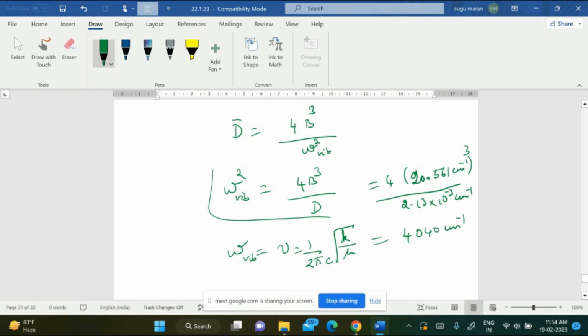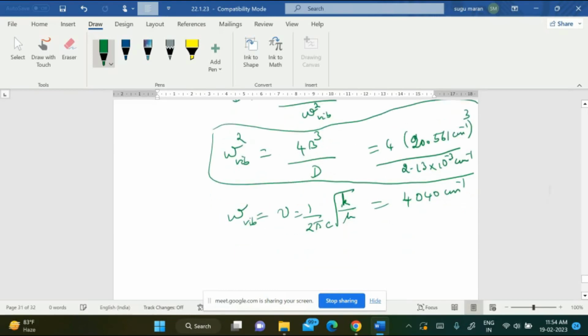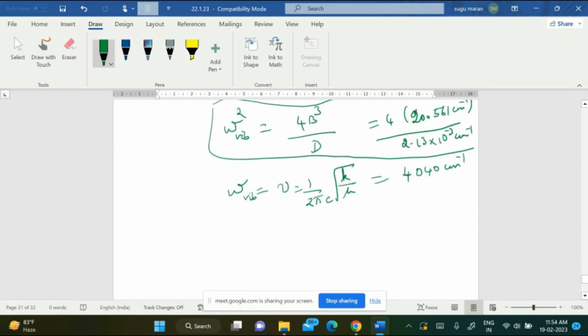From this equation, I can find out my omega, and this is my answer. By knowing omega, I can find out my k value. K is the force constant, which is 4 pi square, omega vibrational square, c square, times the reduced mass of HF.